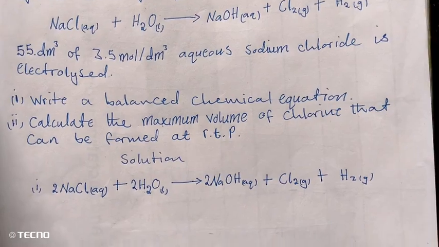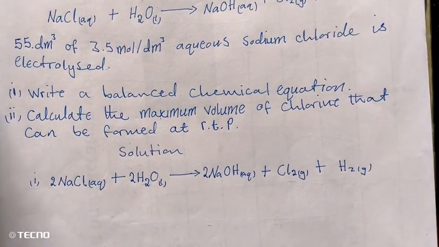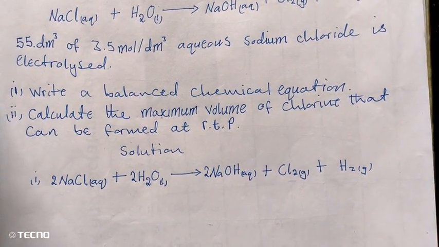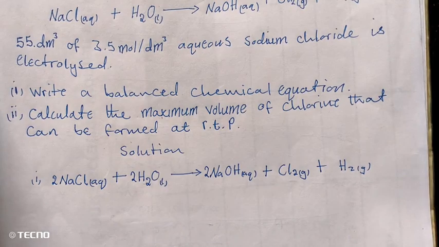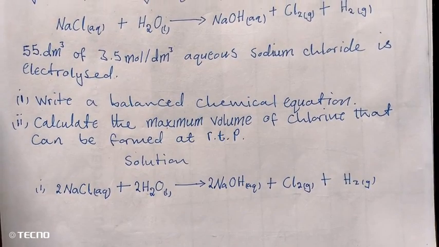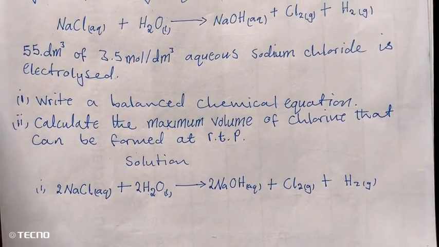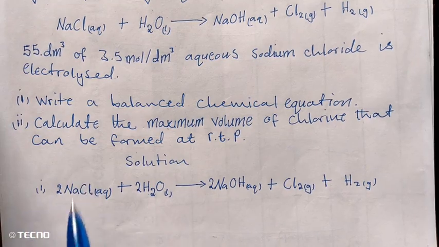So we proceed to the second question where we need to calculate the maximum volume of chlorine that can be obtained at RTP. First thing, we have the prerequisite information that we need to use.